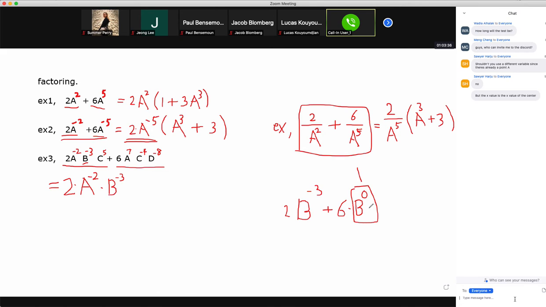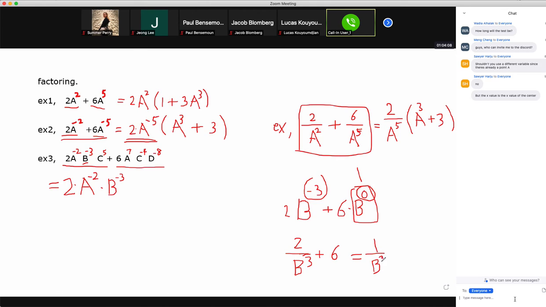Now, when you have b to negative 3 and b to 0, which one is the lower exponent? Negative 3 or 0? Negative 3. So if you think of this as 2 over b cubed, plus 6, and you write it in rational form, what do we do? We create a common denominator, b cubed.